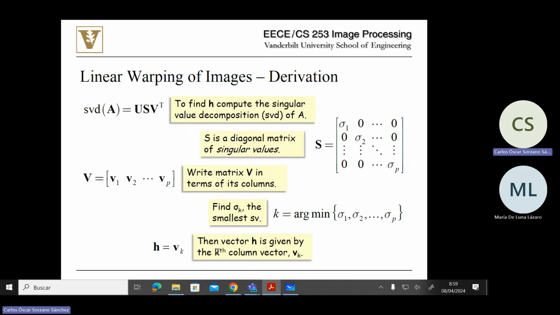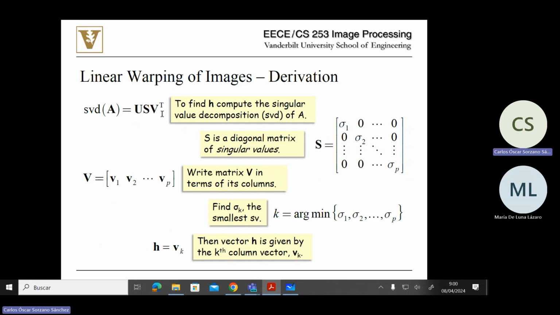then, you may remember this SVD that was introduced last lecture. SVD is a way to decompose any matrix. You can decompose any matrix as a multiplication of U times S times V transpose.